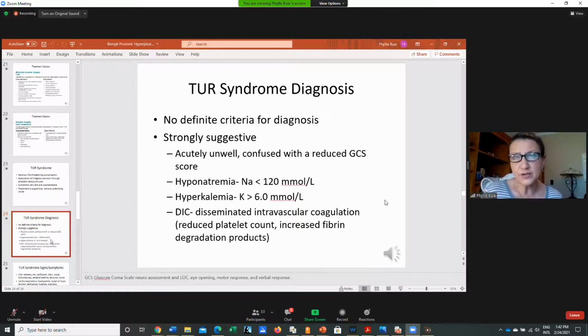Basically what it is is a blood dyscrasia. It can be brought on by a syndrome like this, it can be brought on by sepsis, it can be brought on by trauma. Basically what happens is that we have a reduced number of clotting factors and platelets, and then there's an increase in the fibrin degradation products in the blood. And what happens is there are these teeny, tiny little microemboli that form everywhere in the vascular system.